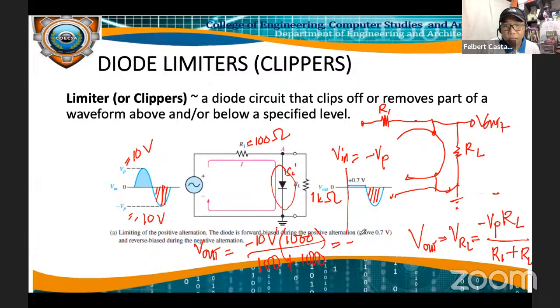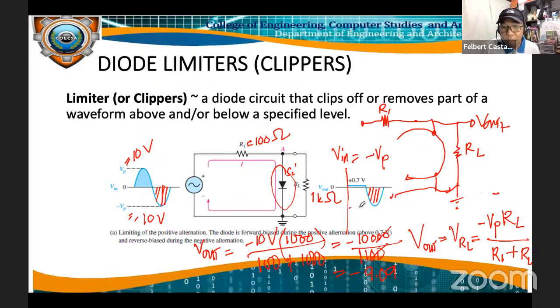This is negative 10,000 over 100 plus 1,000 is 1,100. Yan, cancel lang natin yung mga zeros. So 100 divided by 11, our V out is what? Negative value to. So 9 point, calculator, 9.09. Tama ba? Or 9.1, which is approximately equal to the V peak which is 10 volts.